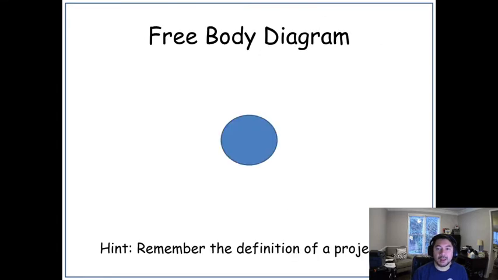So let's take a look at a free body diagram. A free body diagram is a diagram we use to show forces acting on an object. We'll get to these when we get to forces. In a projectile situation, how many forces are acting on the object? One.